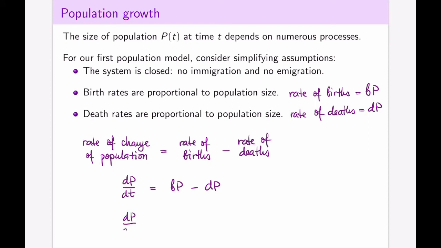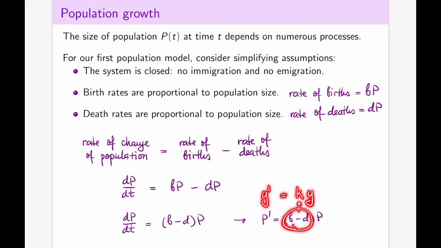So what I have is dP by dt is equal to (b minus d) times P. Or, again, if you prefer the prime notation, P prime equals (b minus d) times P. You can already see how this is similar to the equation we've just talked about, y prime equals ky, except my constant k here is composed of two other constants. But this should not affect how I proceed to calculate the solution.